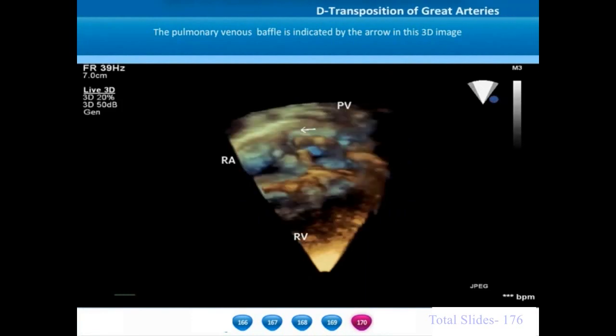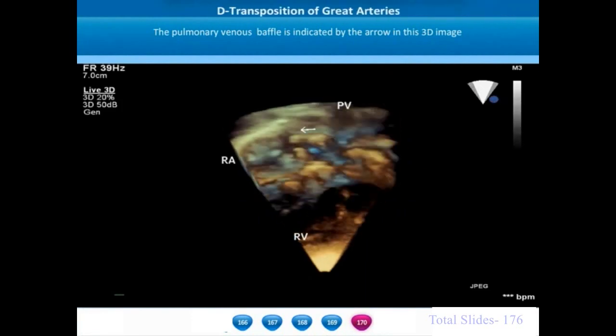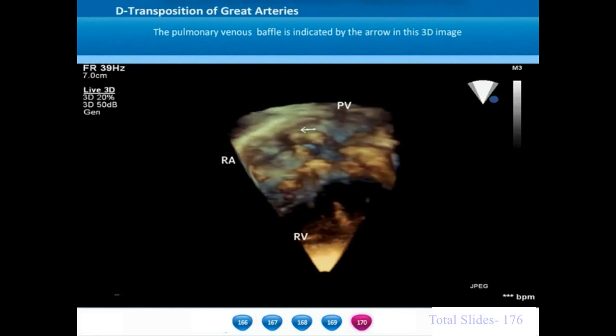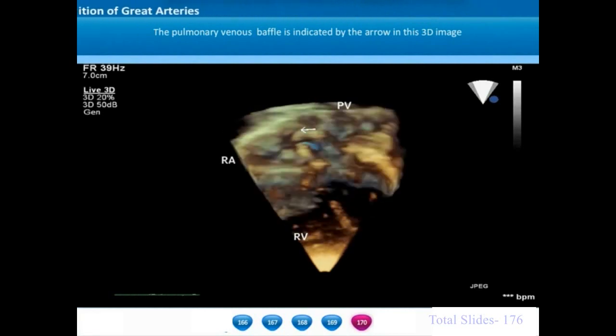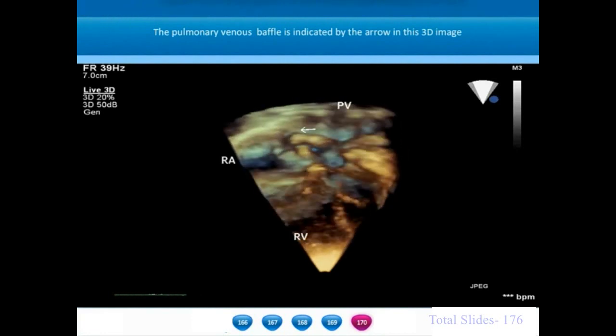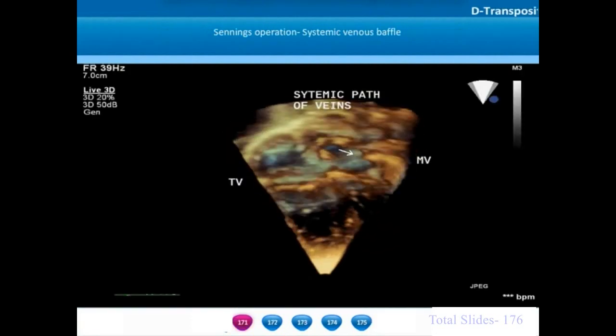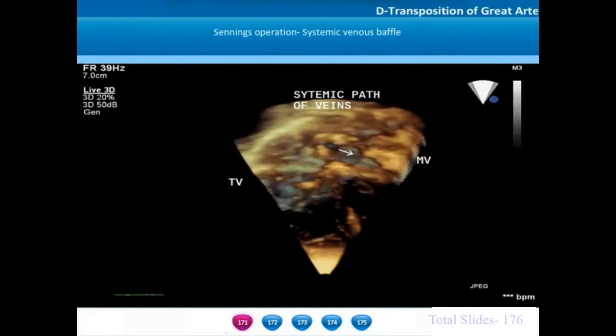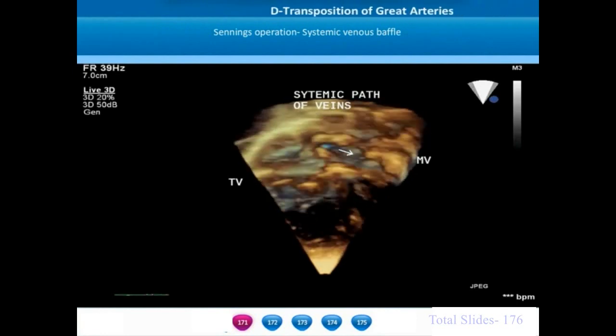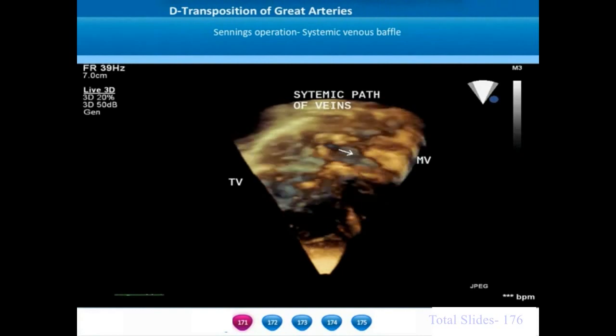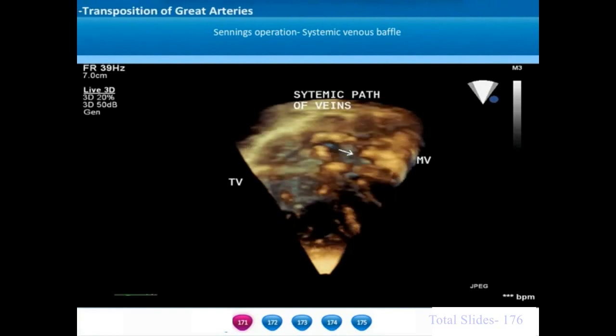In this apical view, we can notice the large pulmonary venous baffle, unobstructed flow towards the tricuspid valve. The pulmonary venous baffle is shown with a small white arrow. Similarly, on a 3D echo, we can also notice the systemic venous pathway shown with the small arrow.